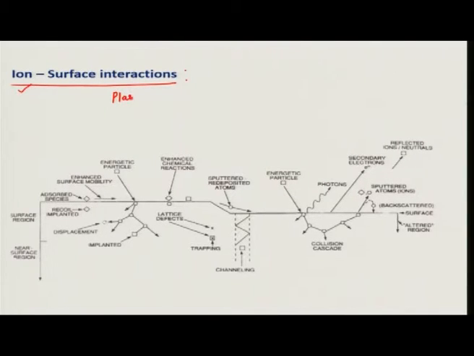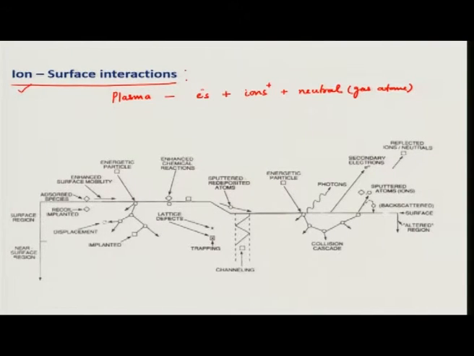So, our plasma has electrons plus ions, most of them are positively charged, plus neutral species of gas atoms that we are using to create plasma. Okay. We can use many types of gases.